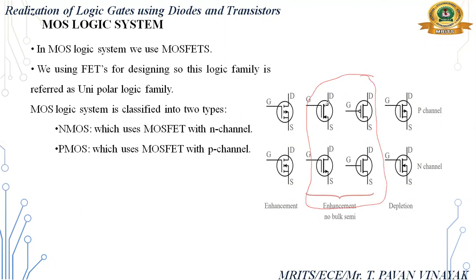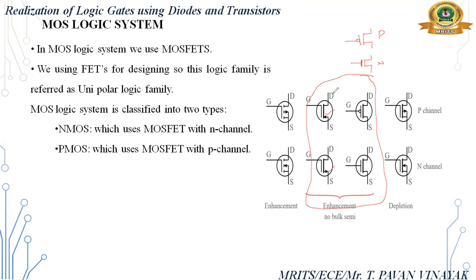P type means we use a small bar like this at the gate without any arrow marks. N type means we use like this. This is P, this is N.